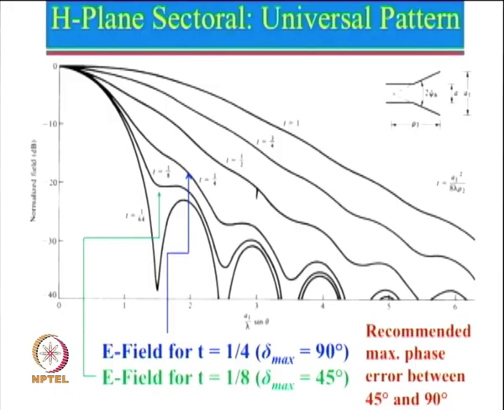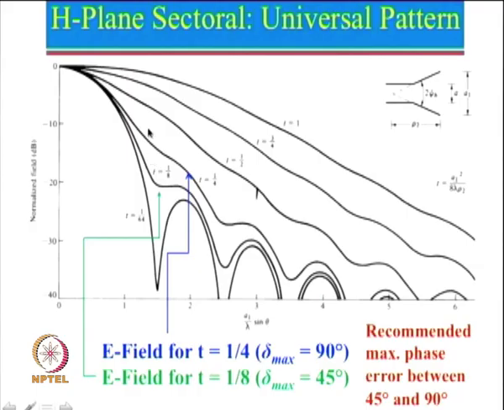So, now corresponding to this here, what do we see? Here phase error is very, very small. This is the curve for which the phase error is 45 degree, and then we see this curve here, which is for phase angle error equal to 90 degree. If you see over here compared to this, you can see that the amplitude has increased significantly.